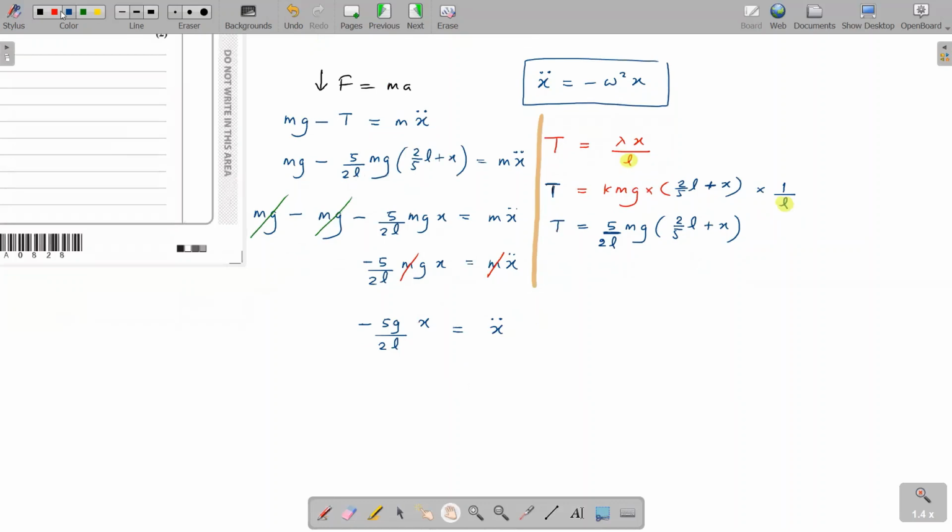Do not replace the g value as 9.8, because wherever you do that, you are supposed to give the answer to 2SF or 3SF. So omega square is 5g over 2L, or in other words, omega is root 5g over 2L. Okay, so this is the omega value.